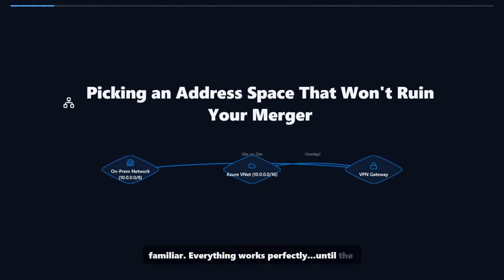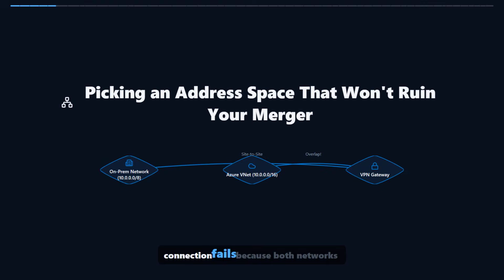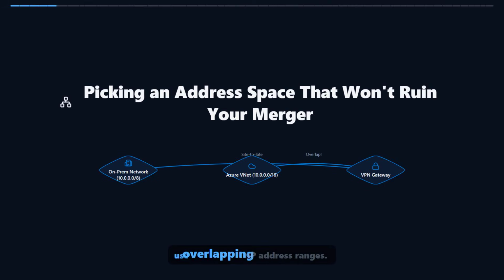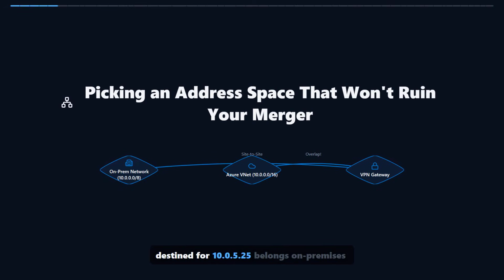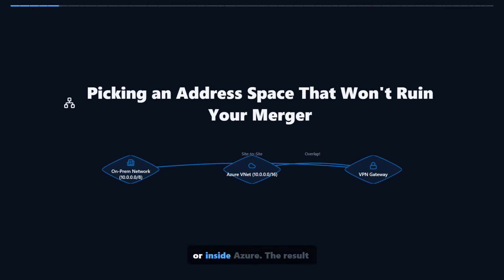Everything works perfectly until the company tries to connect Azure back to the corporate network using a site-to-site VPN. The connection fails because both networks use overlapping IP address ranges. Azure can't tell whether traffic destined for 10.0.5.25 belongs on-premises or inside Azure. The result is a costly network redesign.